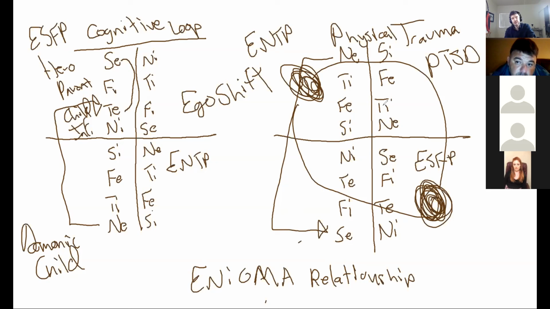Psychological trauma could take over a decade or two before an ego shift can actually take place. It's a serious amount of trauma. So when an ego shift occurs, the positions change. However, without an ego shift, the positions don't change.